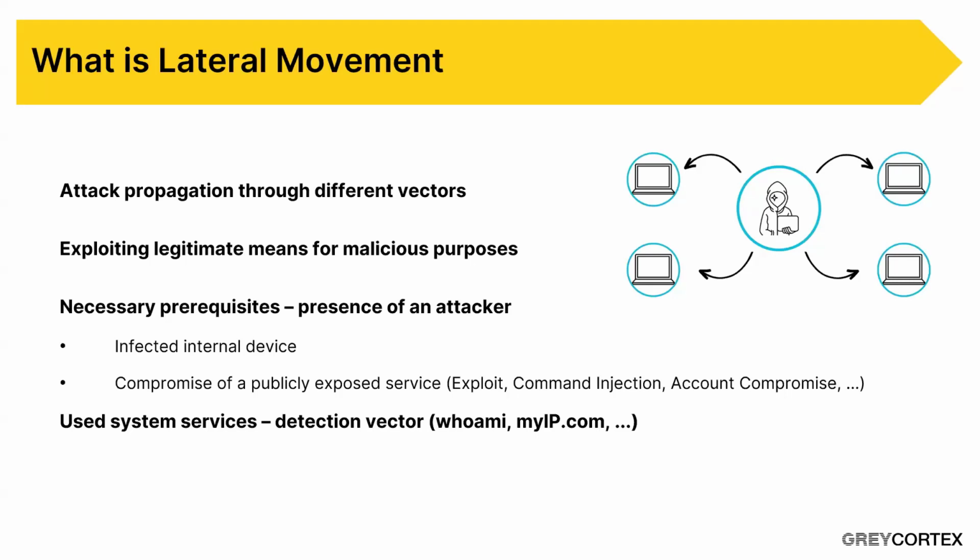They make an internal service publicly available, and then it's their task to put there an exploit or commands for SQL injection or other things. So basically that's how it could work. So there it starts, when one of the devices is infected, and then when they are on the local area network, the lateral movement starts, using the tools which are available there.